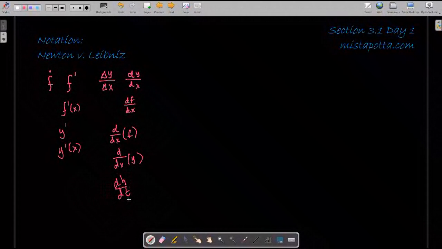It's real easy for me to clearly state my dependent and independent variable using Leibniz's notation. It's not necessarily as easy with Newton's notation, but I can do that by explicitly listing my independent variable in functional notation. So these are all notations that we'll be using in this class, and all of these represent the same quantity.